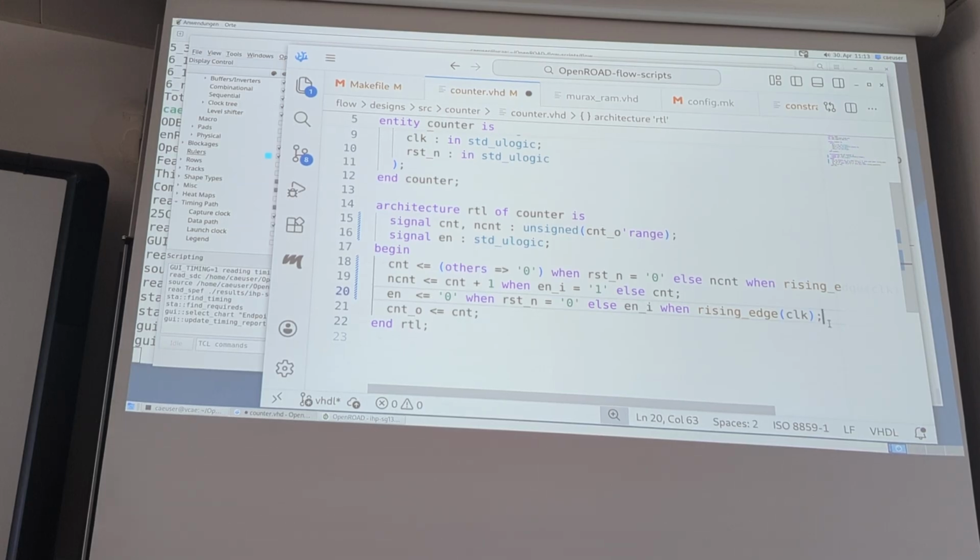So this introduces the one flip-flop. And to make it now active, we have to replace this.